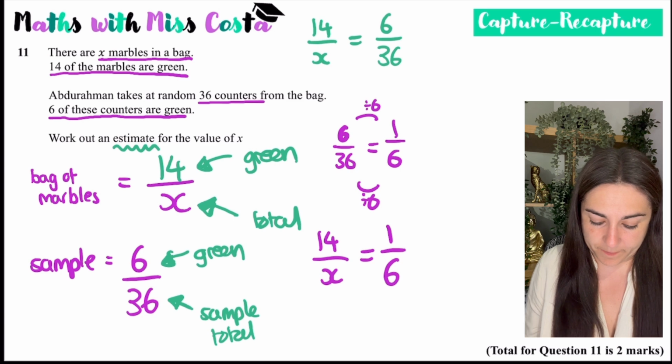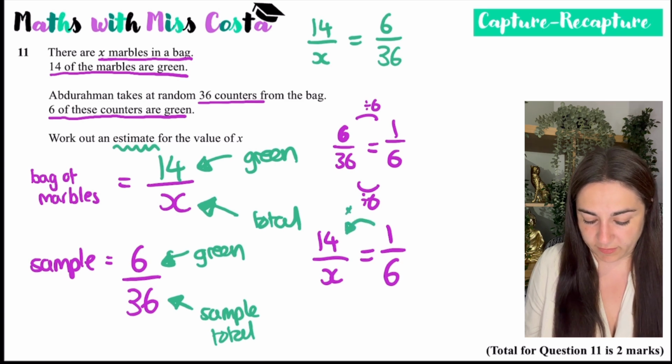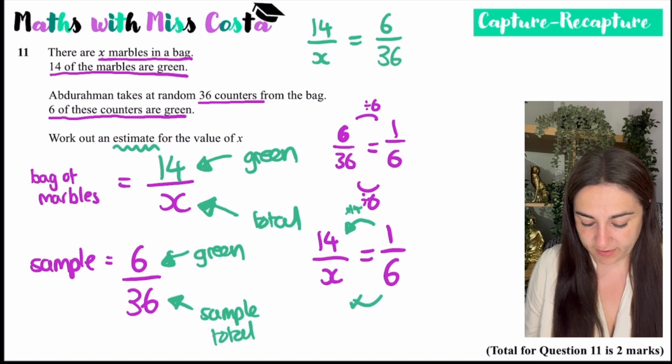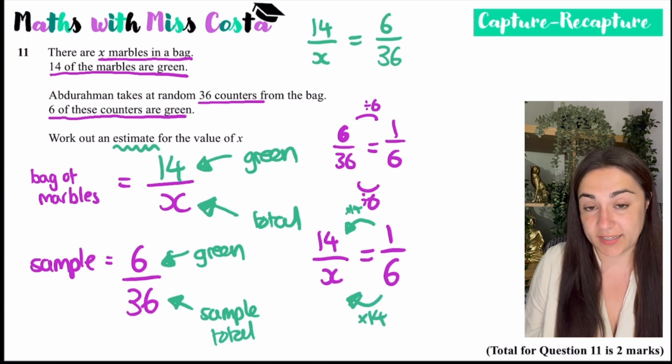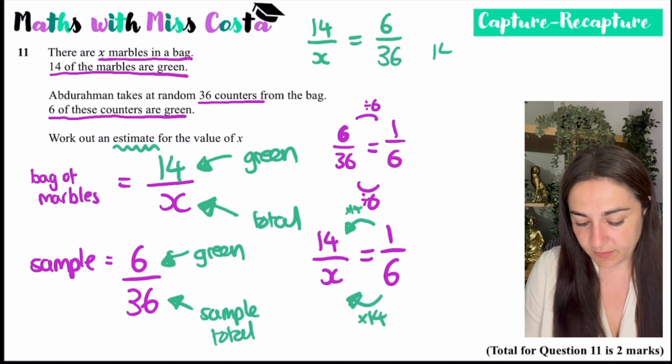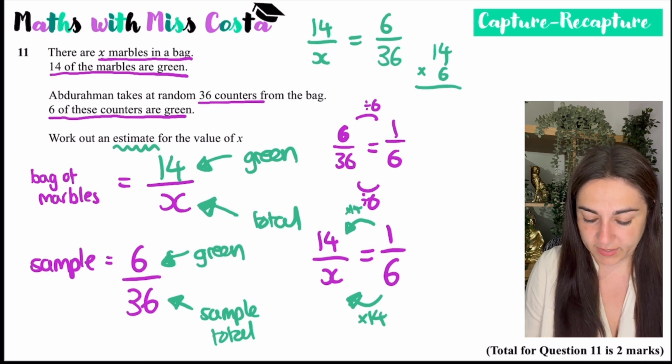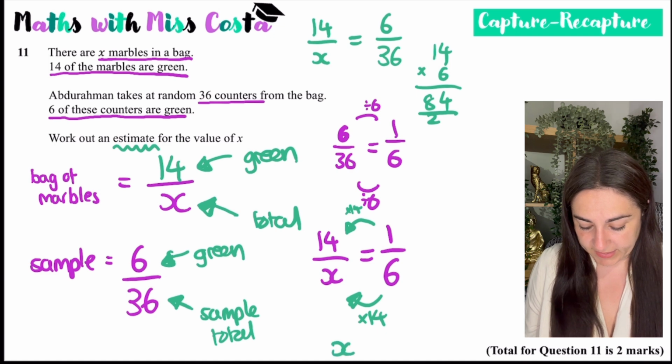And what do I do to turn this equivalent? Well, 1 times 14 gives me 14. So therefore 6 times 14 is going to tell me what X is. 14 times 6, 6 times 4 is 24, 6 times 1 is 6, add the 2 is 84. So X must equal 84.